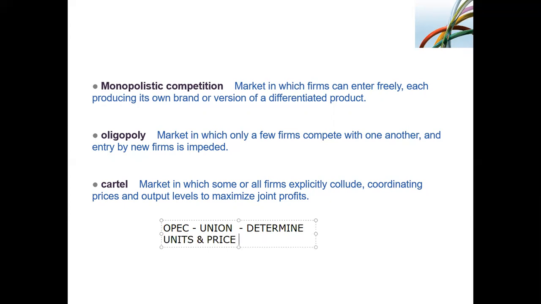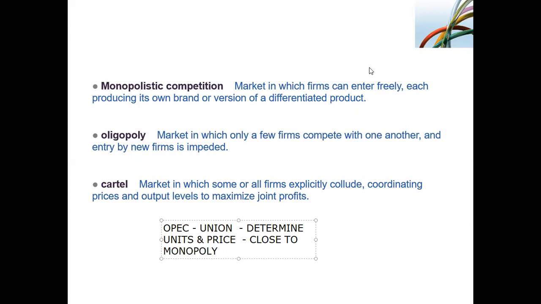So in some cases, they agree together and act as one union. So they are close to monopoly. And when they are close to monopoly, they have market power and they're setting the prices.